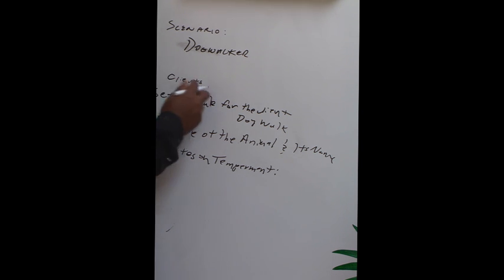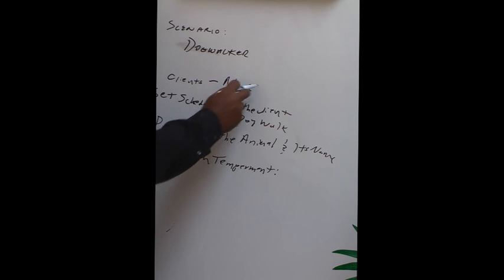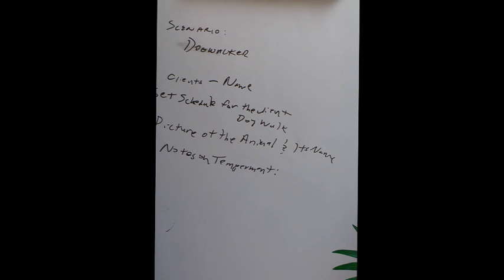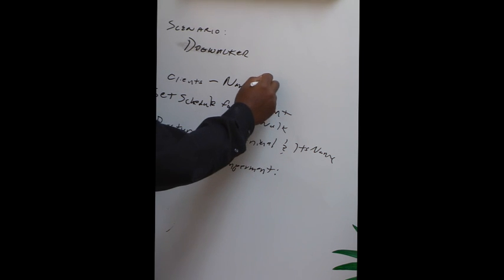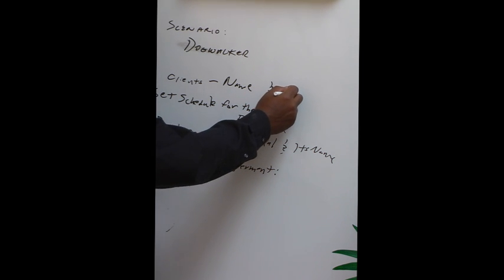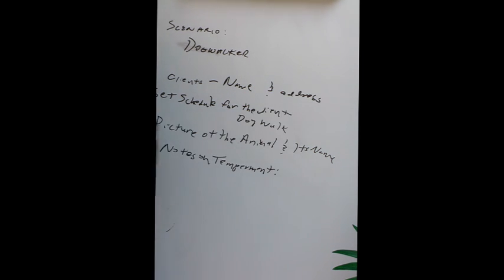And from this client, we're going to need to know their name, right? And what other information? Let's just say we have the name and maybe an address, and let's say address possibly for that client. Okay.